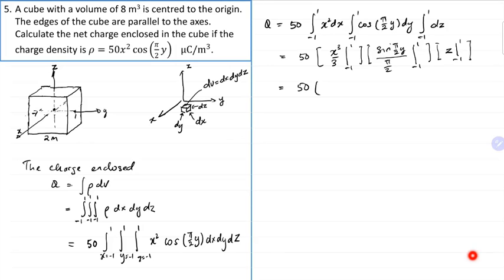This will be 1 over 3 minus the cube of -1, which is -1 over 3.